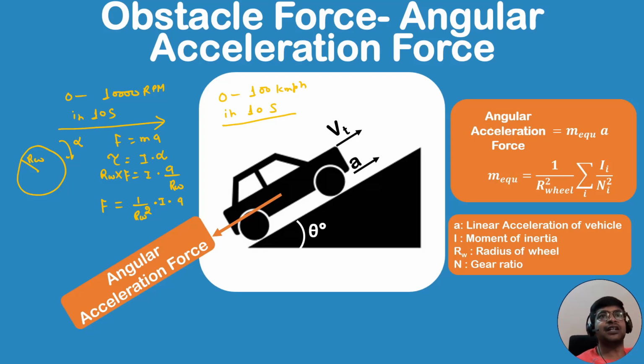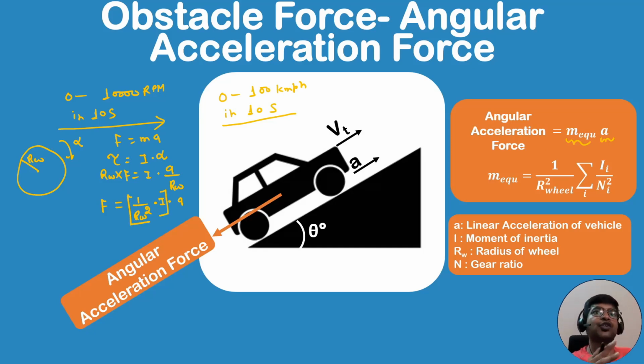If you see here, the amount of angular acceleration force which I have written is m equivalent multiplied by acceleration. What is m equivalent here? In the case of the wheel, m equivalent is going to be 1 by the square of the radius of the wheel multiplied by the inertia.